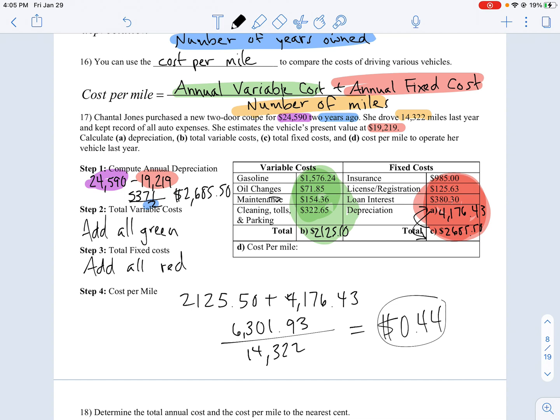That's cost per mile. I'm just going to check some numbers real quick, make sure we did it all correctly. Looks pretty good so far. Always a good idea to check your answers, make sure you didn't make any mistakes. All right, looks good. Looks like we made the correct thing, 44 cents per mile.